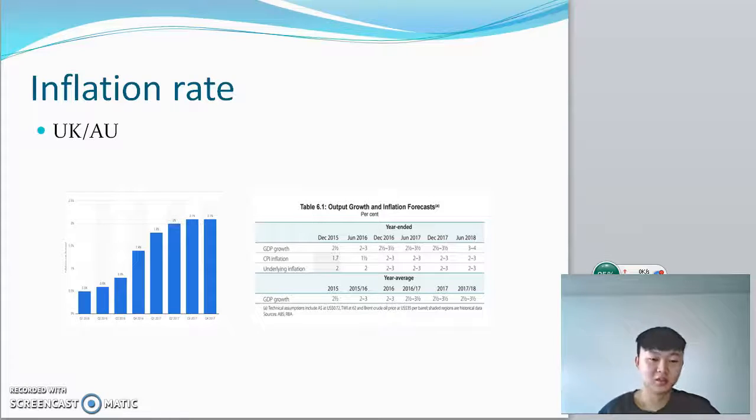Meanwhile, the demand for import from the UK will increase because of high inflation in Australia. The goods from the United Kingdom will be relatively cheaper. Then there will be more supply of Australian dollar, and the supply curve will shift to the right. Finally, we assume the Australian dollar will depreciate against the GBP in 3 to 6 months.